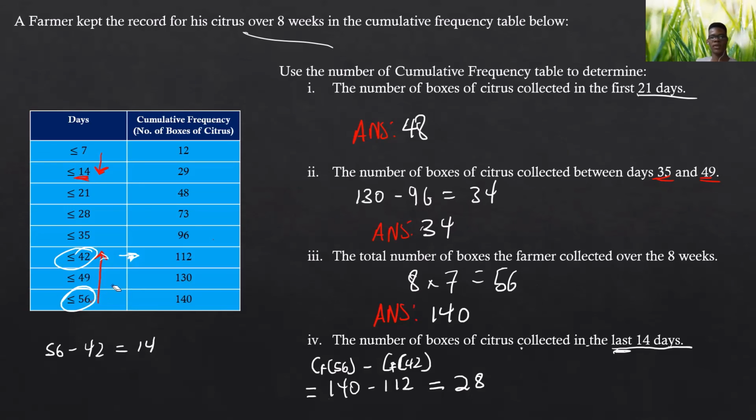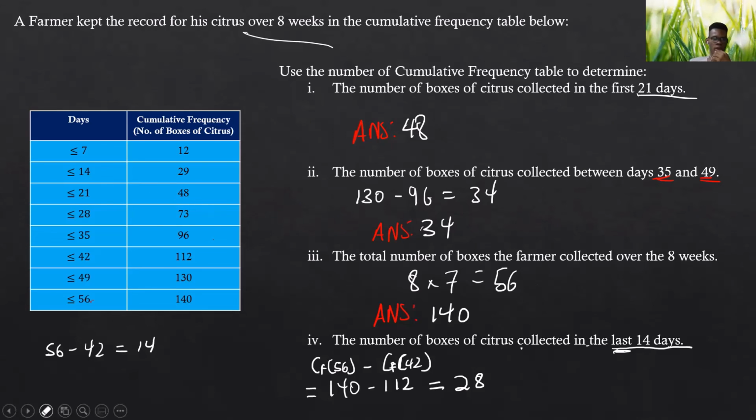This is one of the extreme questions that you can be asked. Typically, it's as simple as asking what's the total frequency, and we know it's always the final frequency in our frequency table. To calculate between two cumulative frequencies, we just need to get those frequencies and subtract them from each other. That's how you get the betweens. And to get the less than those exact values, you just go straight to the cumulative frequency.